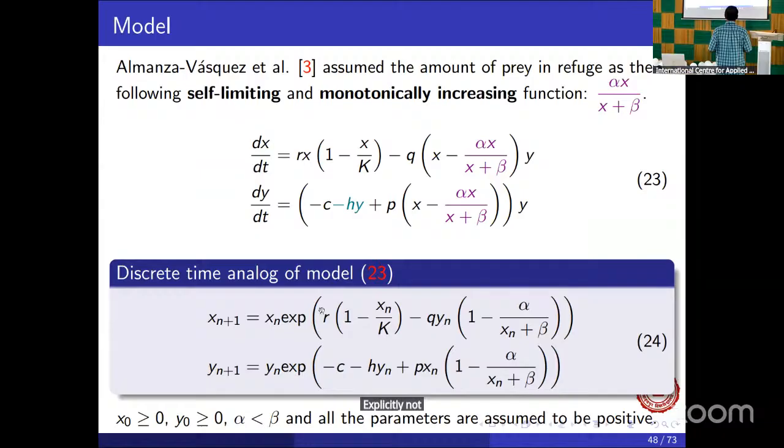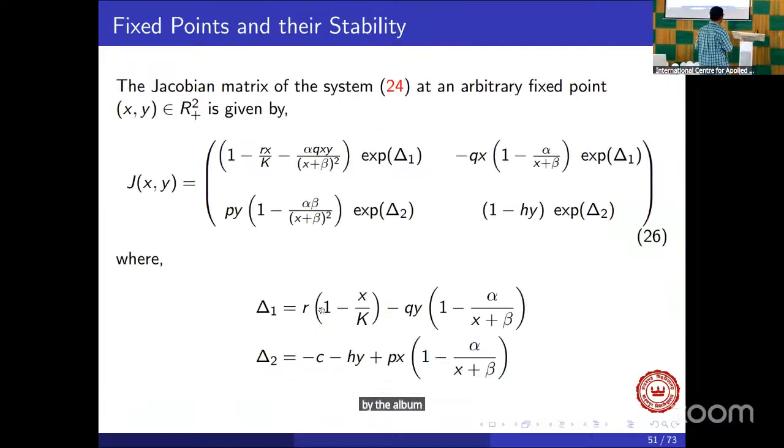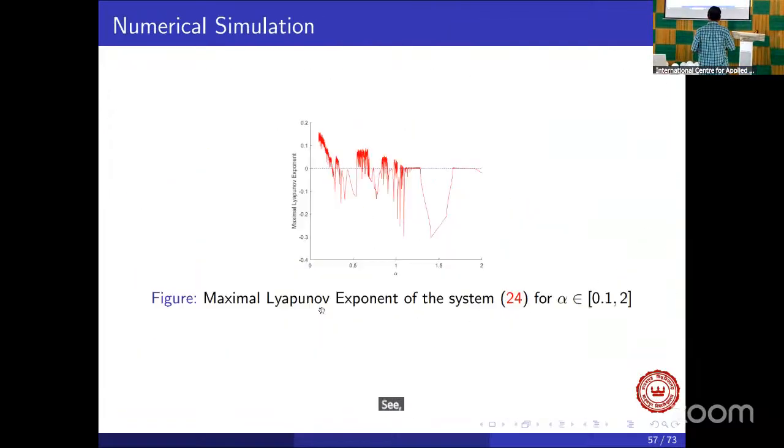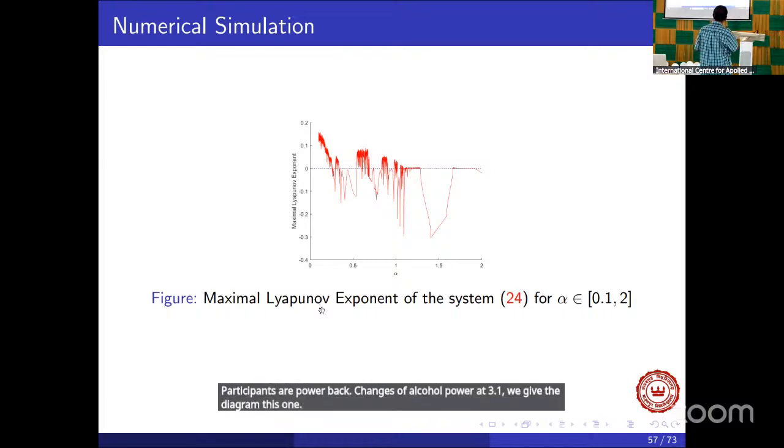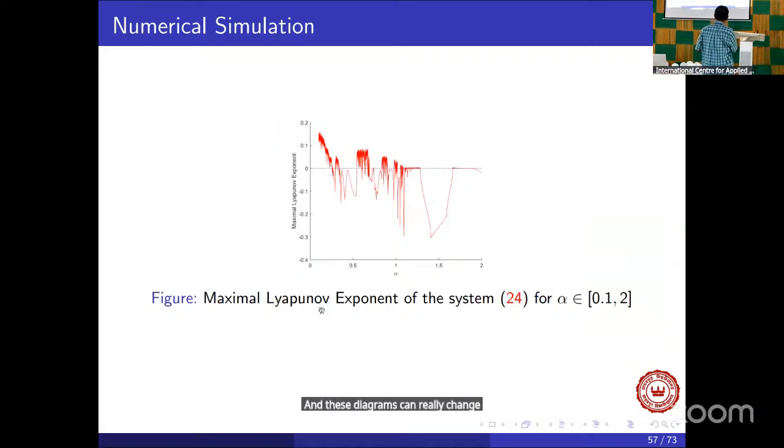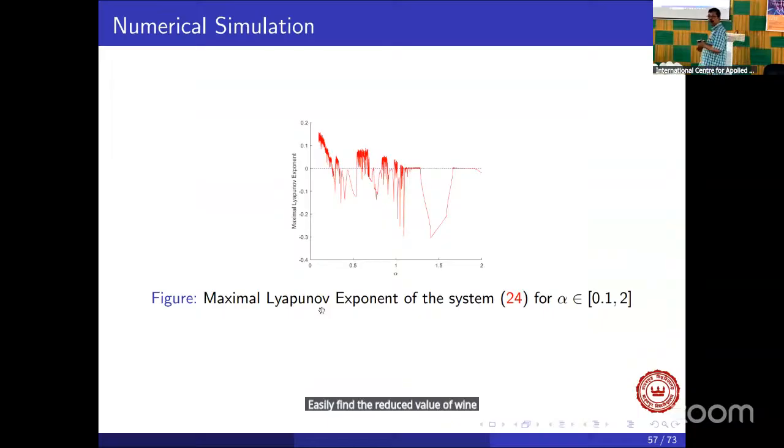We find the Lyapunov exponent with respect to alpha. Then we plot the bifurcation diagram and get the following result for different values of alpha. Changing the value of alpha at 0.1, we get this diagram, and the diagram changes scatteredly. And for a large value of alpha we can easily find the reduced value up to 1.9.